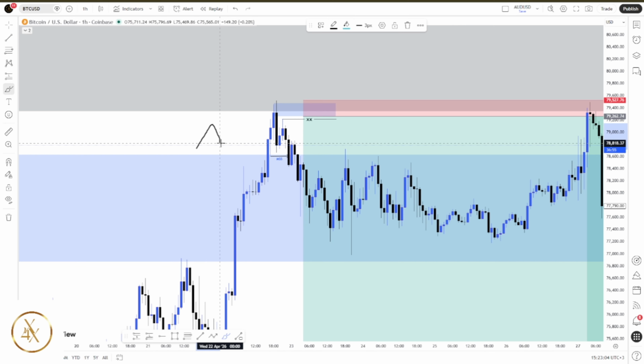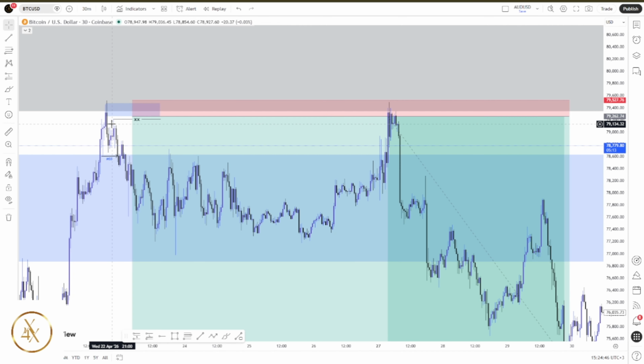So let's go to the 30 and check it out. There is no order block on the 30 to trigger our inducement, so that we get the shorts.